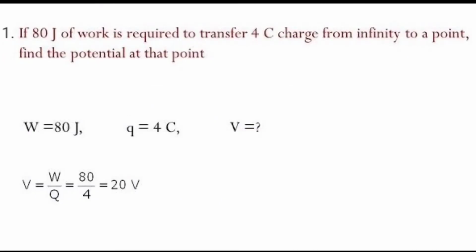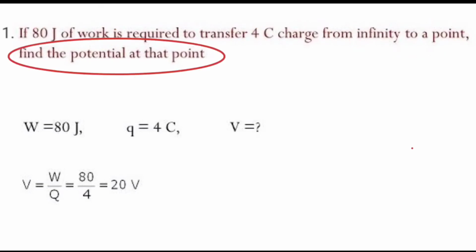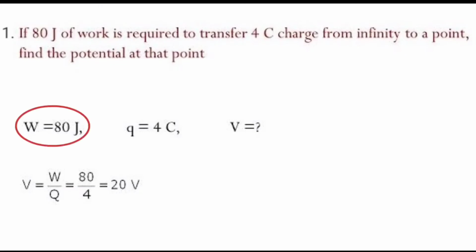Okay students, now we will do a problem on electric potential. If 80 joule of work is required to transfer 4 coulomb charge from infinity to a point, find the potential at that point. First we will write the given data. Given work done is equal to 80 joule.